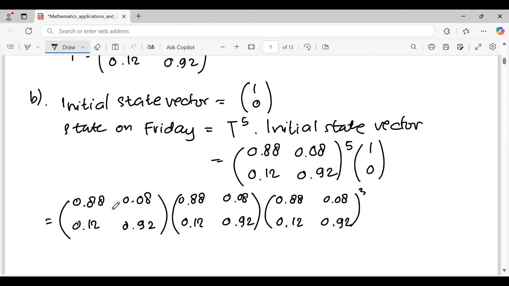This is squared already, and then cubed, and then to the power 5, multiplied by (1, 0).